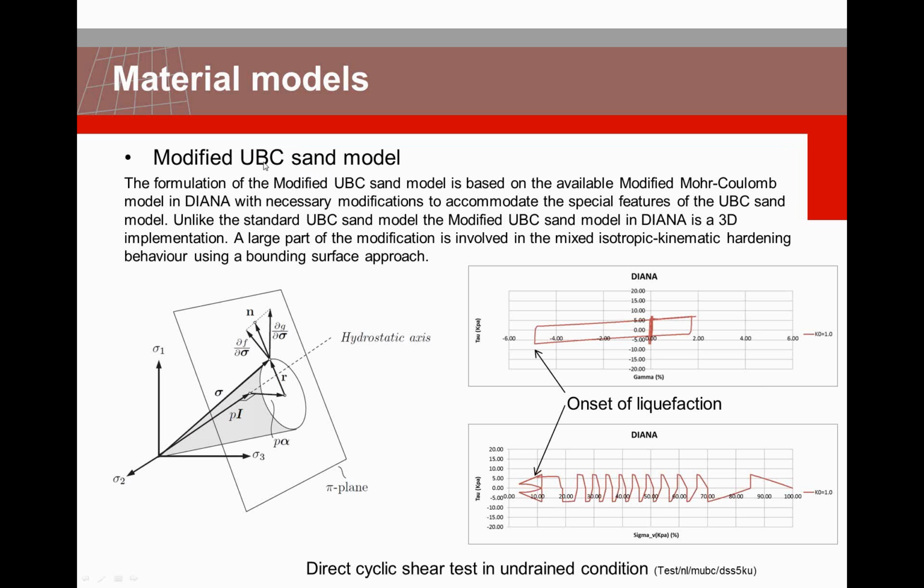That's where the name UBC comes from, which is available also in some other analysis programs, but the typical thing in Diana is that we have further developed this model so that it is suitable now for implicit integration schemes, so we can make rather large time steps or load increments, and it is also available in a three-dimensional formulation. And this is a complete soil model that is suitable for shear failure.